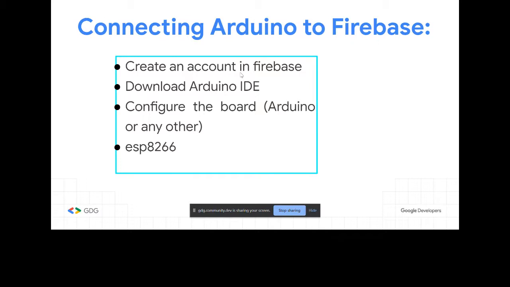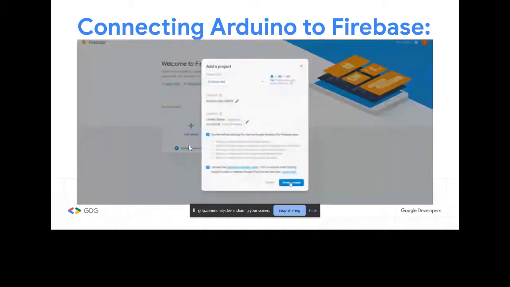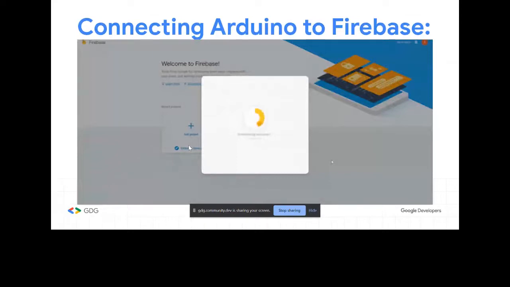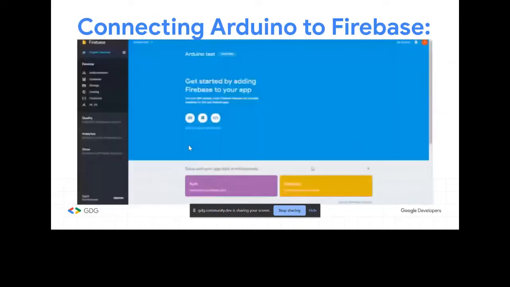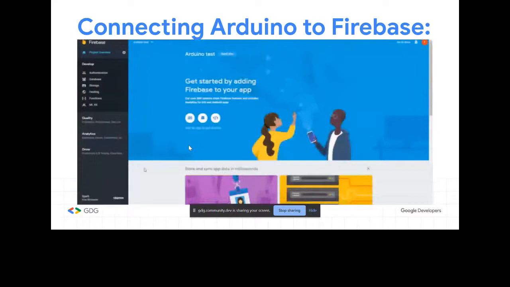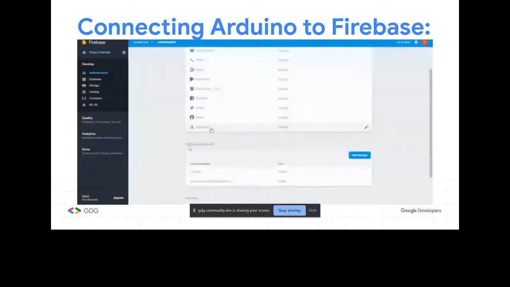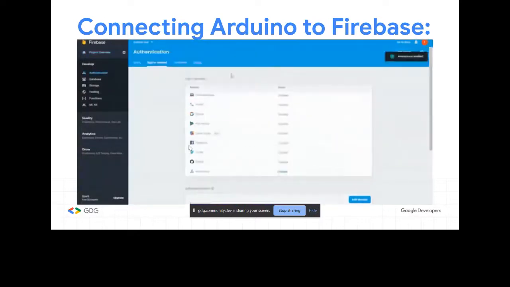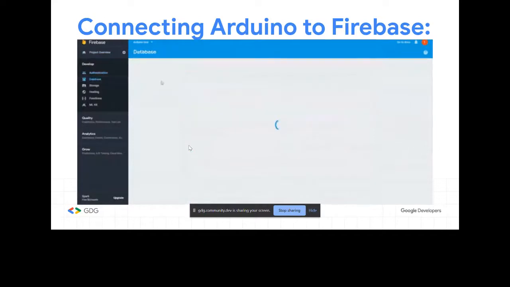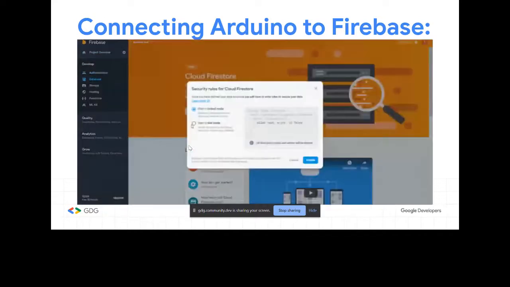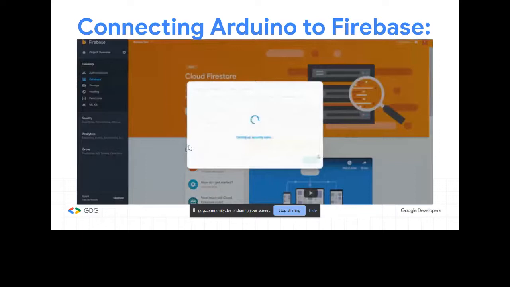So this is how you download Firebase and create an account. It's a video actually. I don't know if you can see it, but it's basically this, how to create an account and how to create a project. Then I'll be showing my code in my IDE.